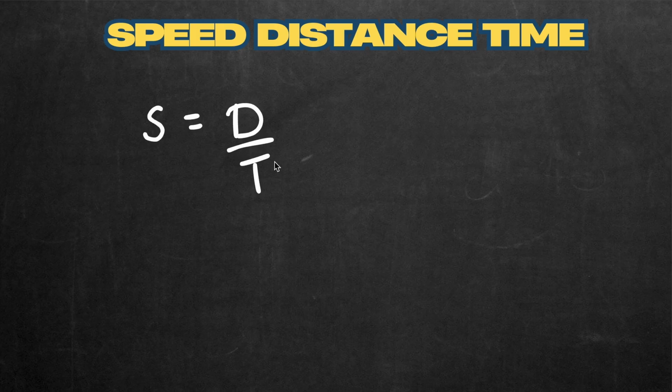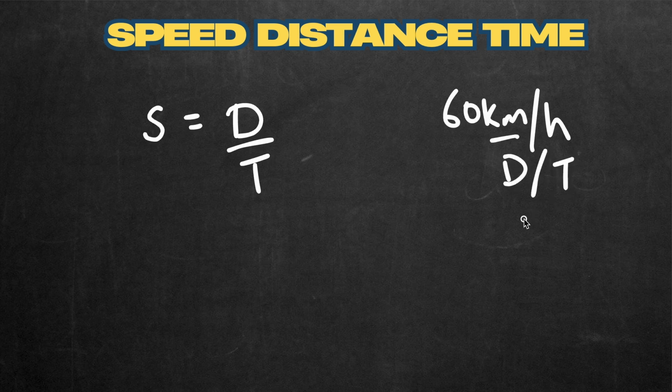Easy, right? So basically what we did is we changed 60 kilometers per hour to distance over time. That's how the speed is made. So speed is equal to distance over time. Now we can also do some algebraic expression, but I want to explain the concept to you.